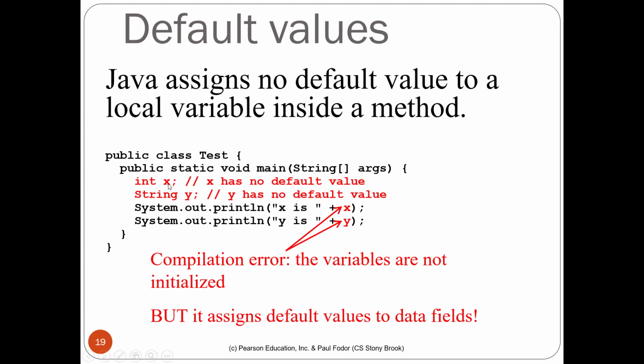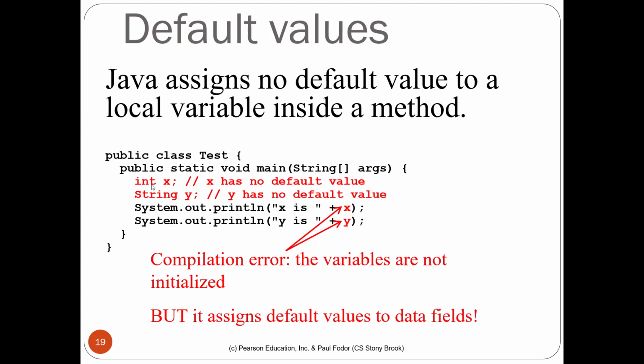By default, x will get nothing. By default, y will have nothing. So the compiler will force us to initialize these values. It will not work. All right, so the message is about these local variables. What are local variables? These are the variables which are defined in a method.